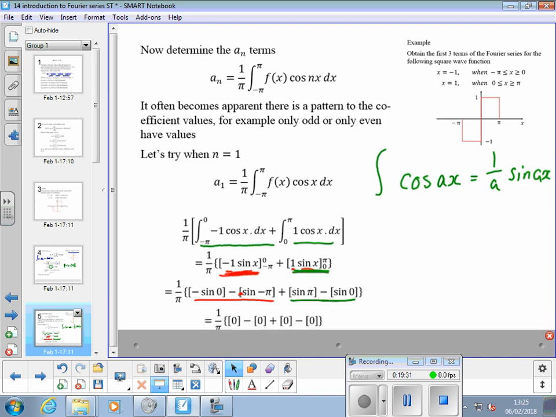Let's have a look under there. What is minus the sine of 0? Nothing. Didn't really make a lot of difference, Jack, at the end of the day. Take away minus the sine of minus pi. It's the sine of minus pi.